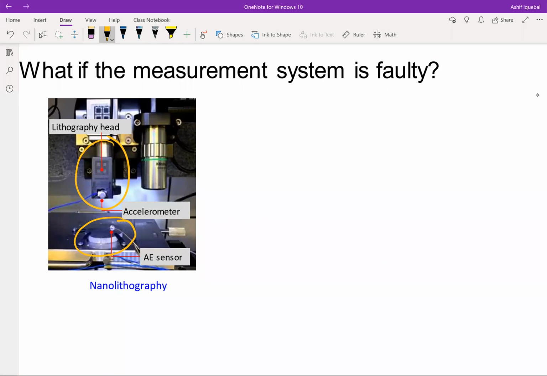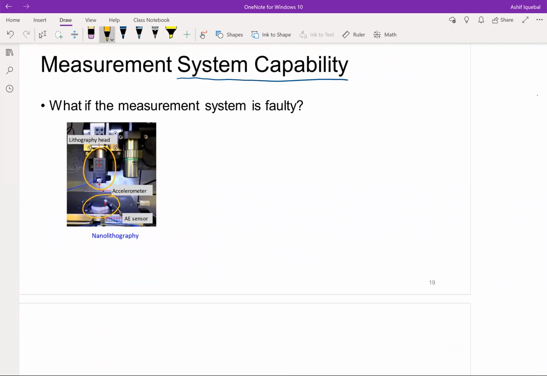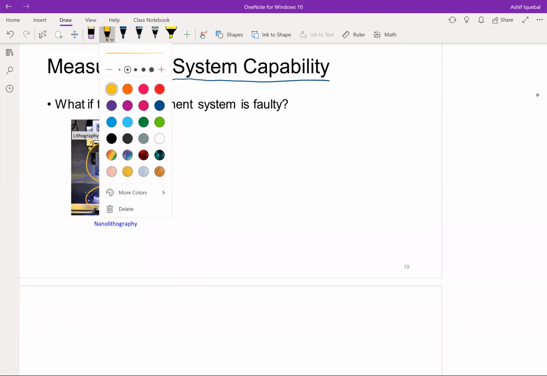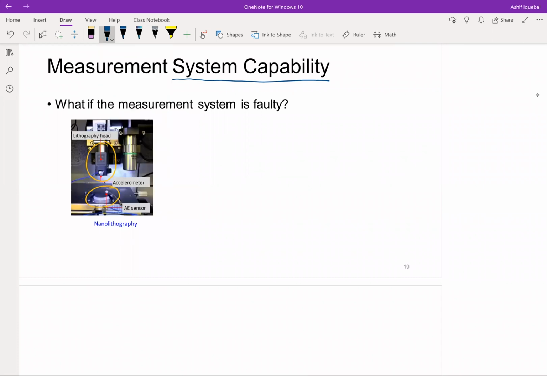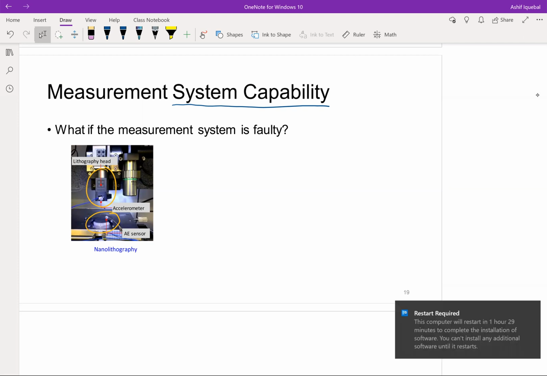This device is so sensitive that even if you tap your hand like this, you would induce lots of errors in the hardness measurements. Even if you try to control everything and make sure there are no external disturbances, you would still have some kind of error in the measurements. Whatever you try, there will always be some error.